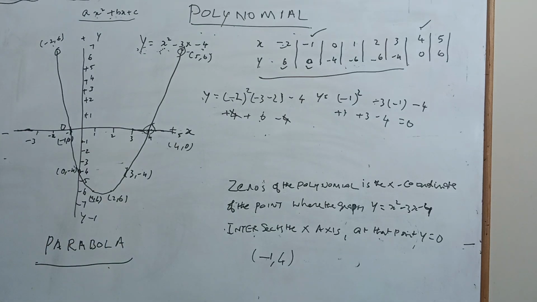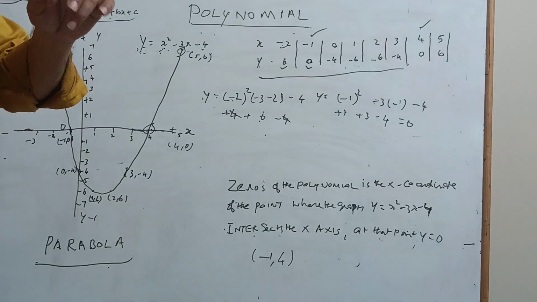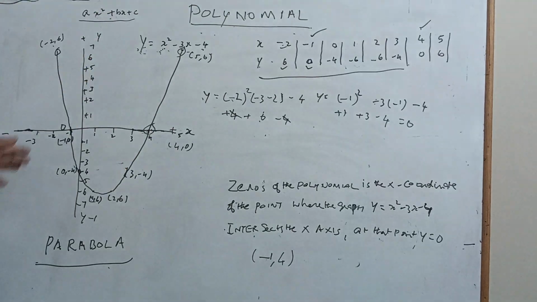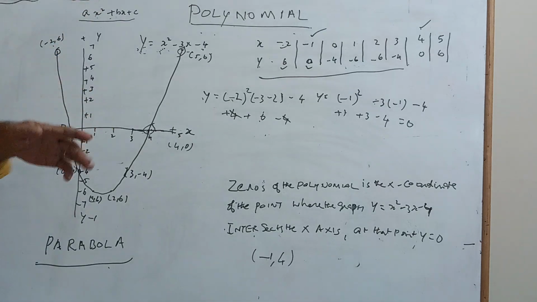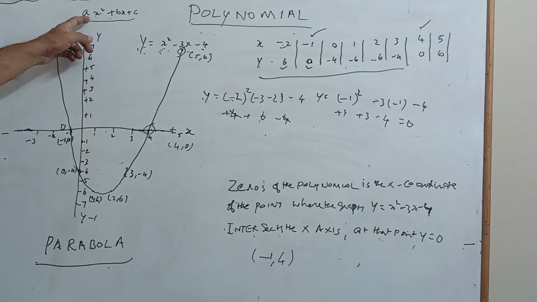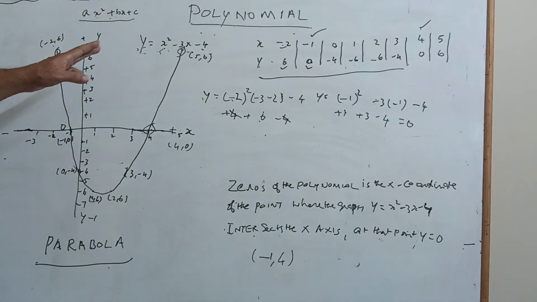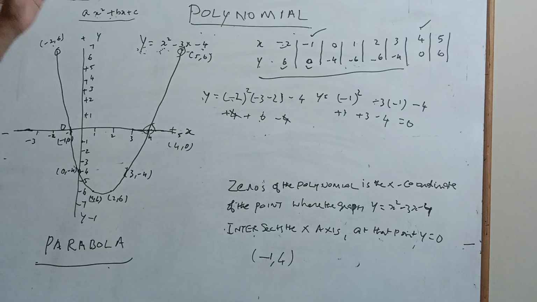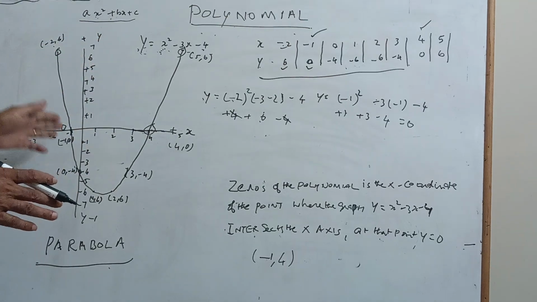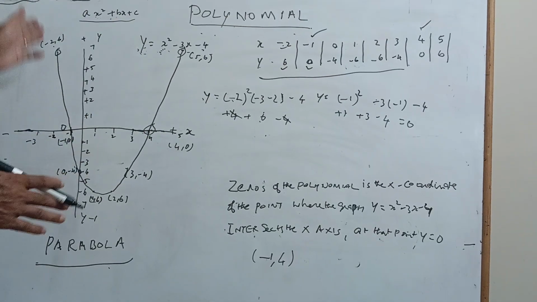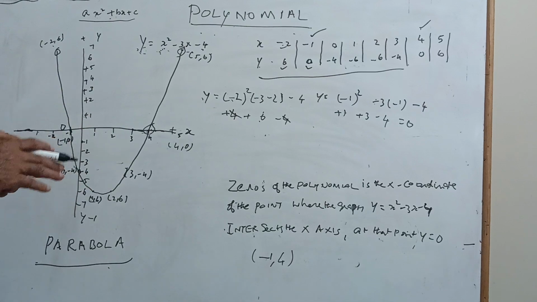You got the point. So last class I told you if the degree is 1, it is a straight line. That is y equal to ax plus b. But now this is ax squared plus bx plus c. So you get a parabola. So if it is a quadratic equation, you will get this shape of the graph. Okay. That is the thing now.